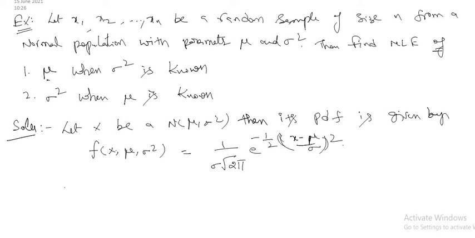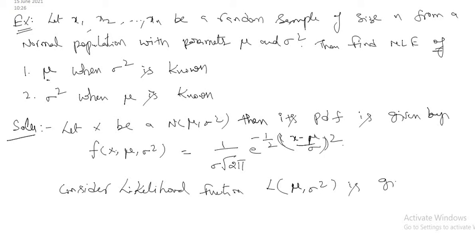Next, likelihood function. Consider the likelihood function. So what are the parameters? Mu comma sigma square. It becomes L of mu comma sigma square equals product over i equals 1 to n of f of xi comma mu comma sigma square.